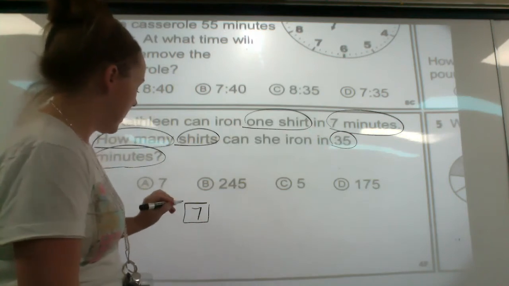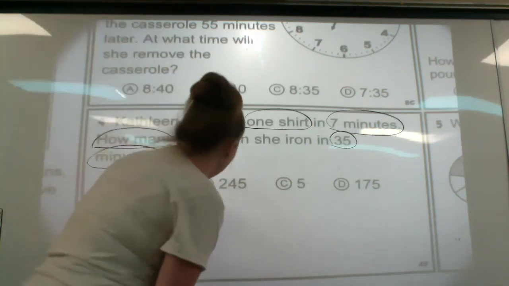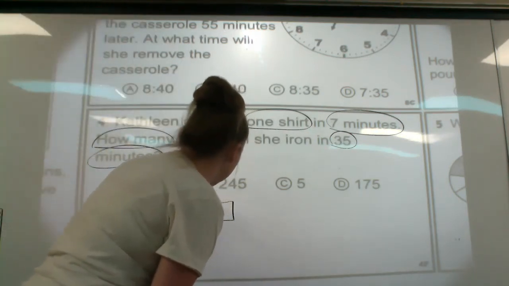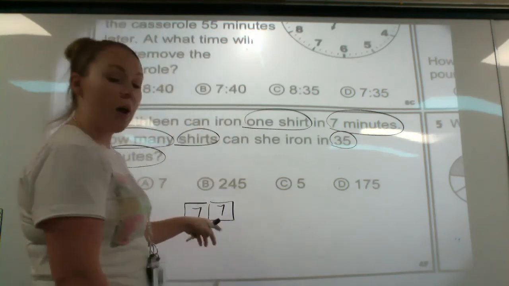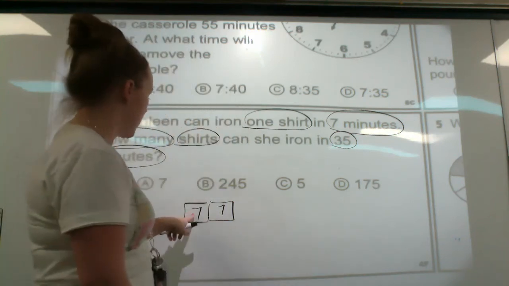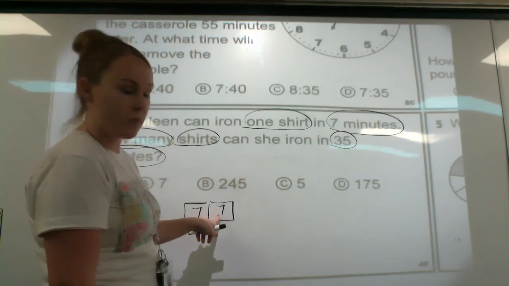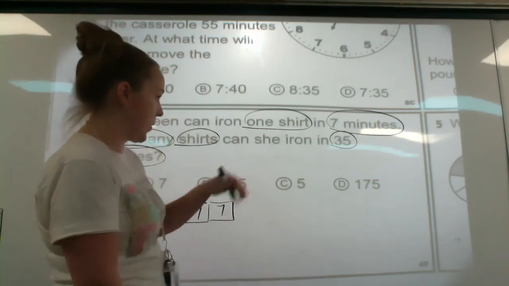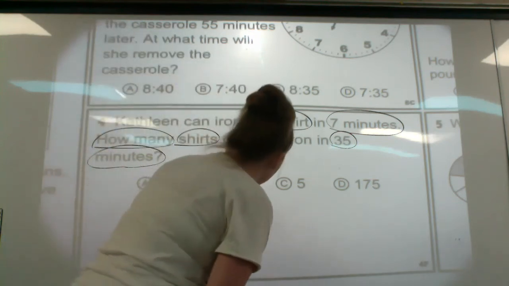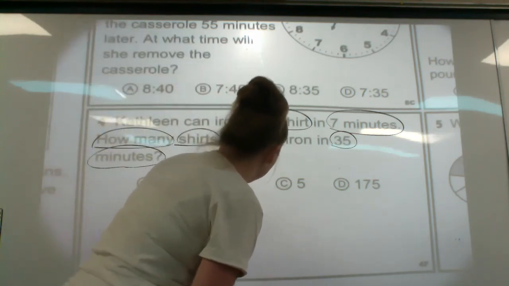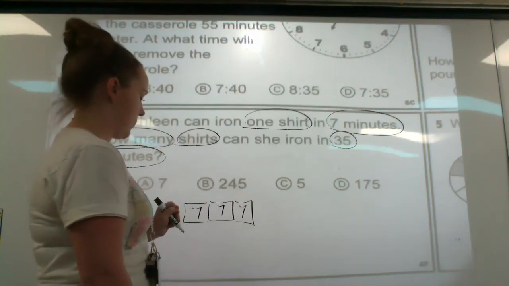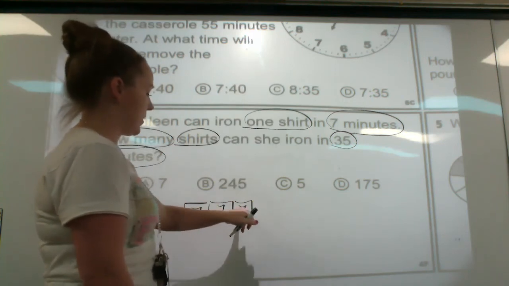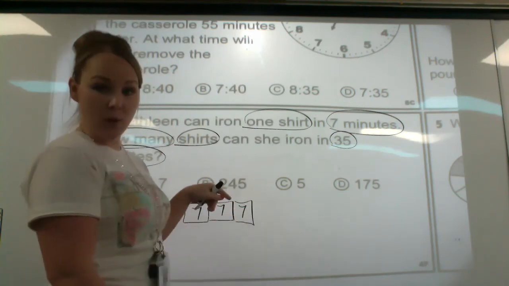One shirt is 7 minutes. Well, let's add on another shirt. That shirt's gonna take 7 minutes. So now how many minutes am I up to? 7 plus 7 is 14. Can she do another shirt? Sure she can. We're still a long ways from 35. So let's add on another shirt. That takes 7 minutes. I know 7 plus 7 plus 7, or 7 times 3, is 21.